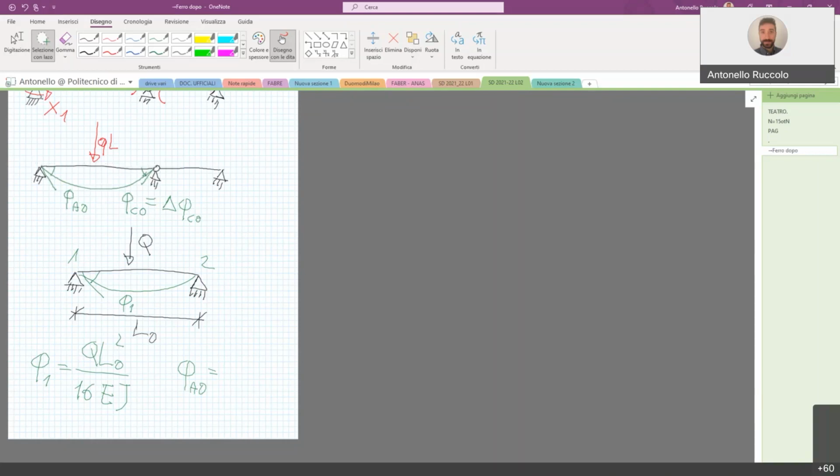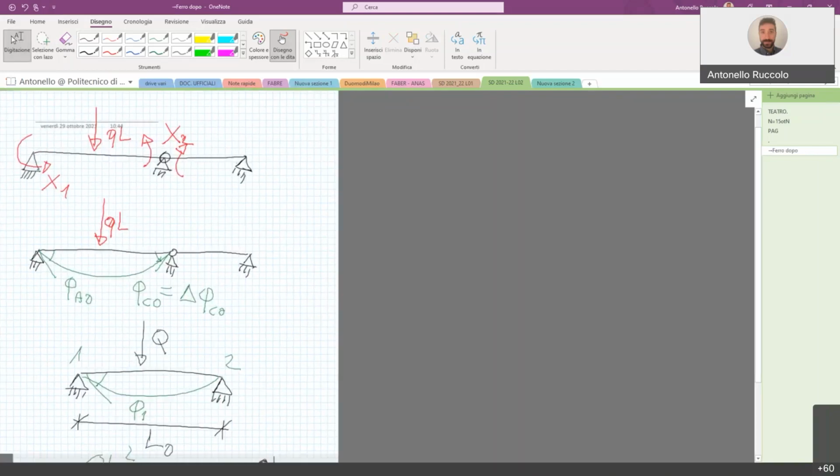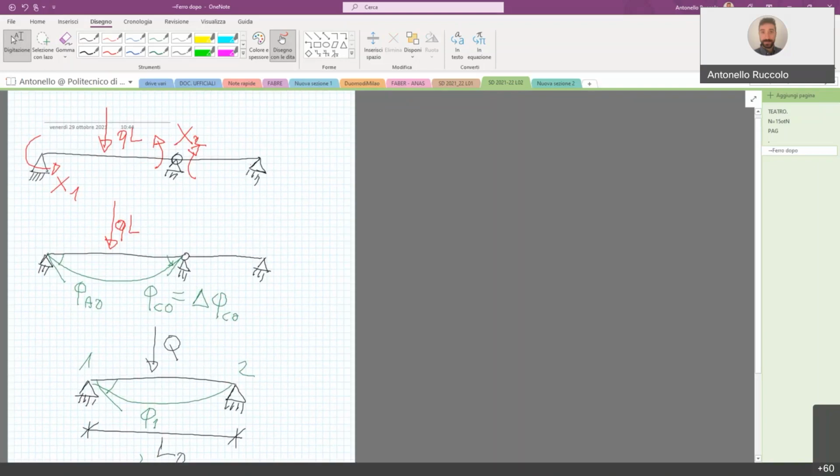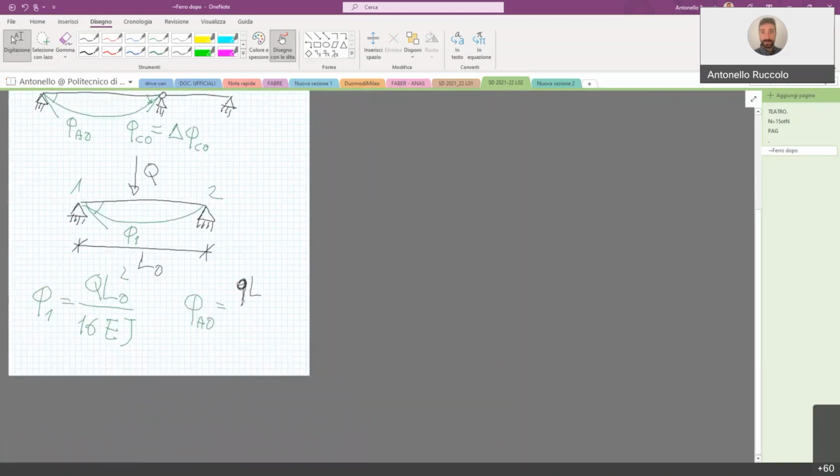The load is not Q, capital Q, but is Q times L. This is a Q, Q times L, times the length of the beam to the power of 2. In this case, the length of the beam is 2L. Here I have not replied it, but we can remember if you look for your exercises.